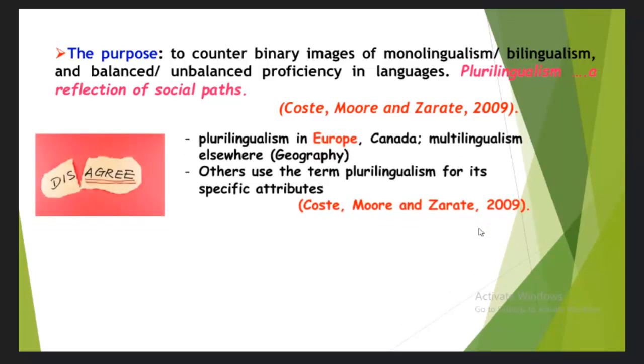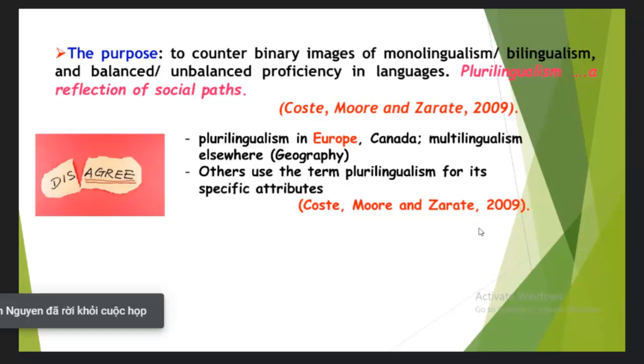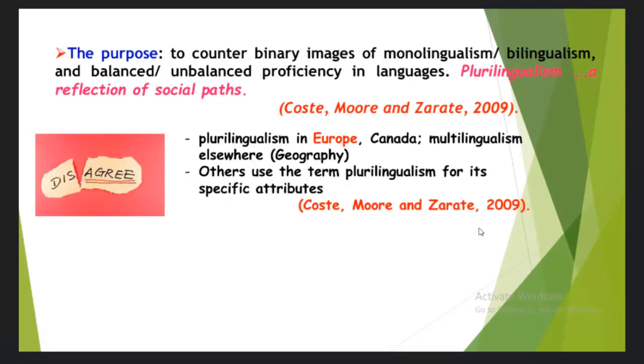And in reality, there are some disagreements about the term, how to call them, plurilingualism or multilingualism. For example, when you refer to geographical regions in Europe, they call them plurilingualism.